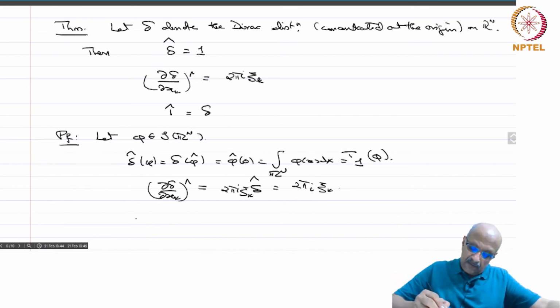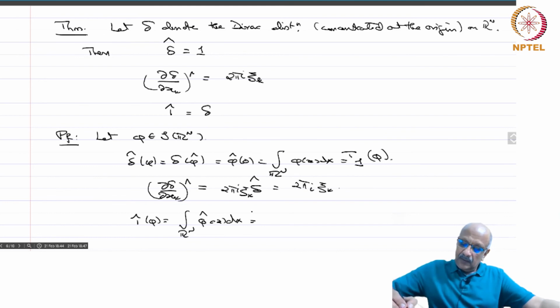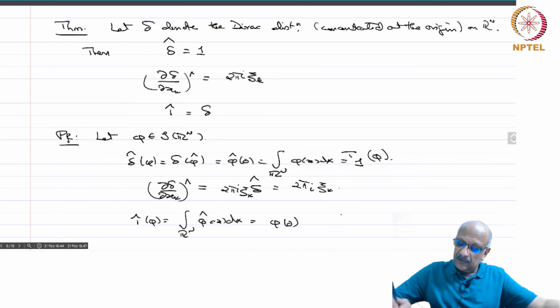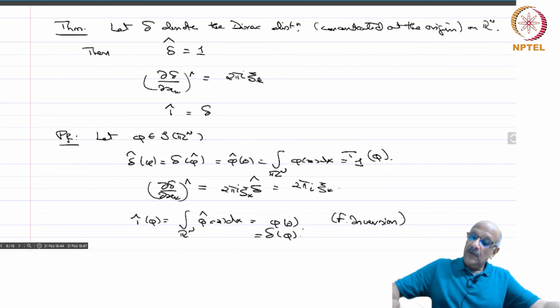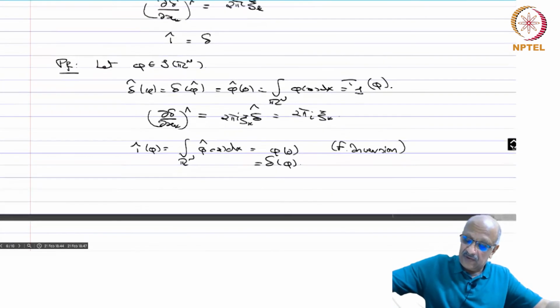Finally, you have 1 hat of phi, that is equal to the integral over Rn of phi hat(x) dx, but the integral of phi hat(x) dx is nothing but phi of 0 by the Fourier inversion formula, and that is equal to delta of phi. And therefore we have all these very nice results.